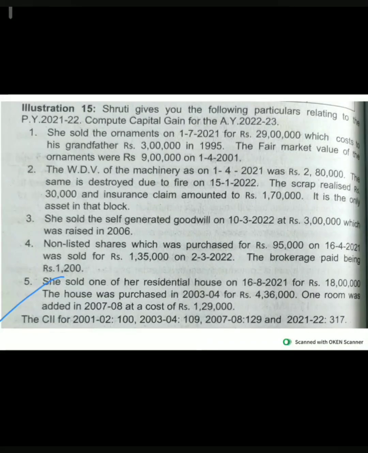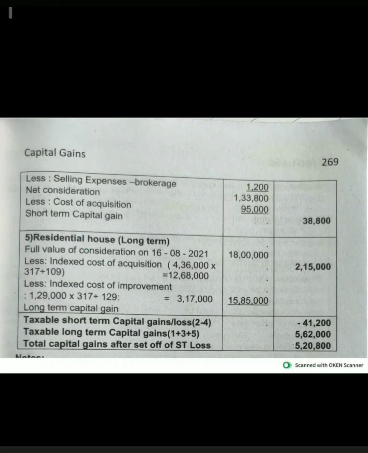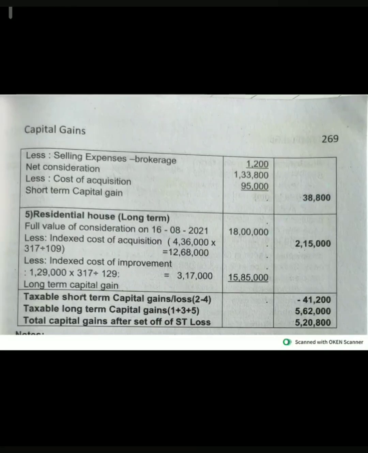Then the last information: she sold one of her residential houses on 16/8/2021 for rupees 18 lakh. The house was purchased in 2003-04 for rupees 4,36,000. One room was added in 2007-08 at a cost of rupees 1,39,000. So obviously it is a long-term capital asset. Full value of consideration is 18 lakh.